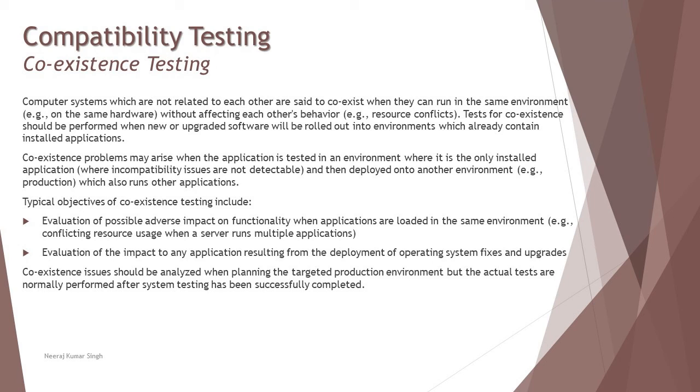Do we have any functionality conflicts that do not let you do an operation due to the second application? And the second part is to make sure that anytime the operating system, which is the environment, is updated or upgraded, does that impact your application's performance or functionality, yes or no? That is what you try to measure as a part of coexistence.